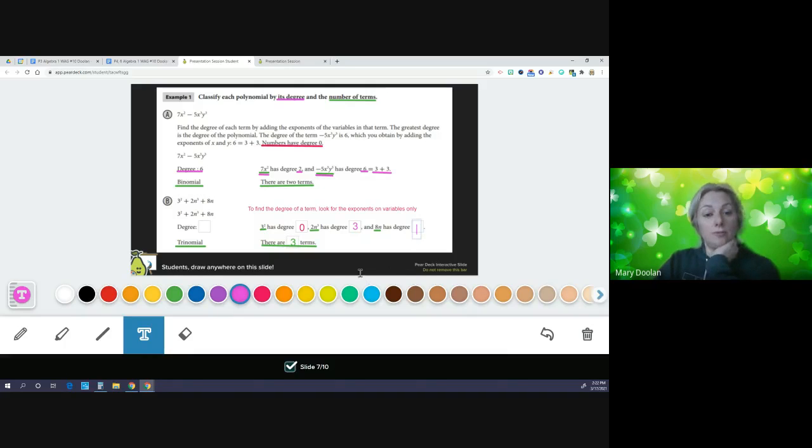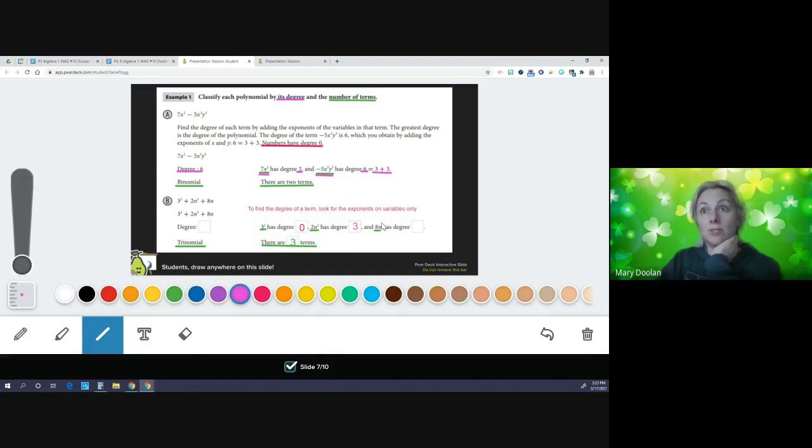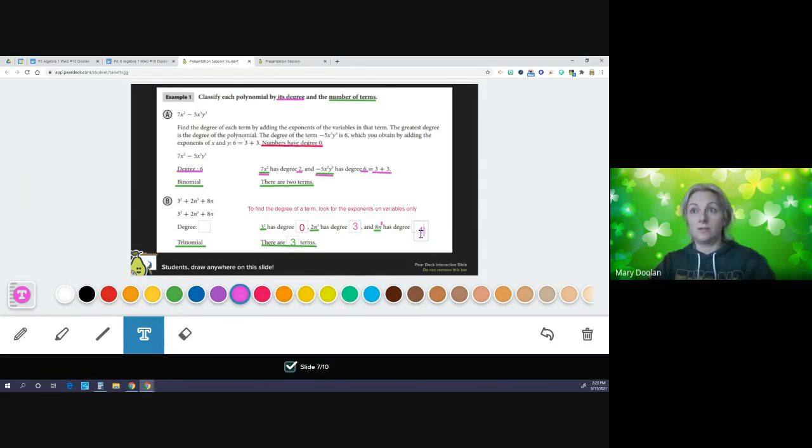Look for a variable. There's an n. What's the exponent on the variable? If you don't see it, there is one. It's just invisible. It's that little invisible one, right? So the degree of that term is 1. So this is how you find the degree of a term.